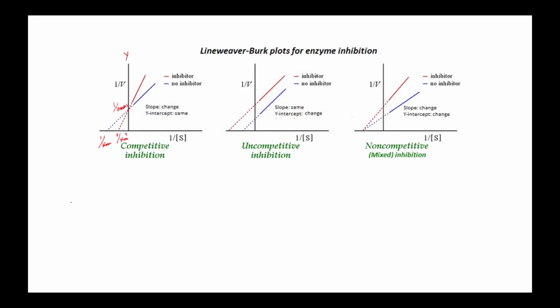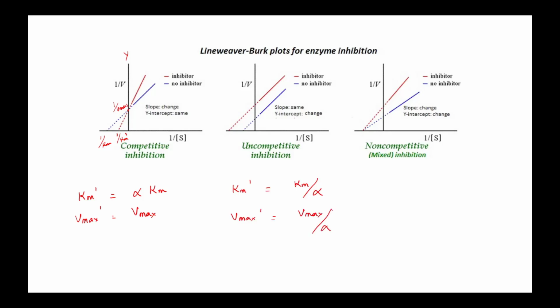If we show the change with an alpha factor, in this case the new Km is increased by an alpha factor, but the new Vmax doesn't change, it remains the same. Here, the new Km is decreased by alpha, and the Vmax is also decreased by alpha.